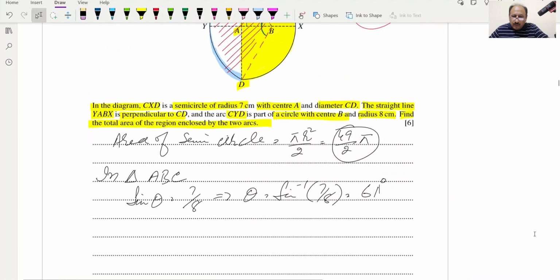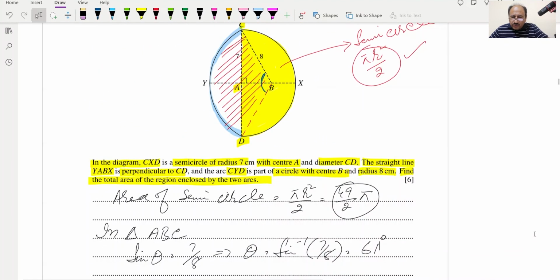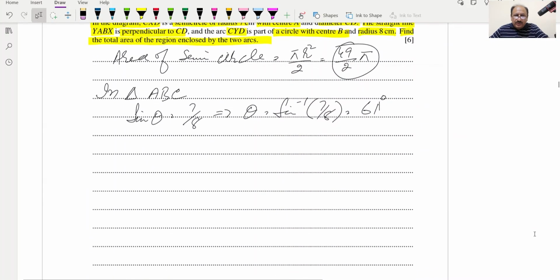Now this is half of the angle, so angle CBD will be equal to 2 times 61, which is 122 degrees. So the sector angle is 122 degrees.